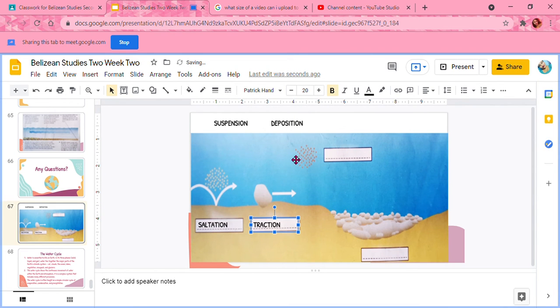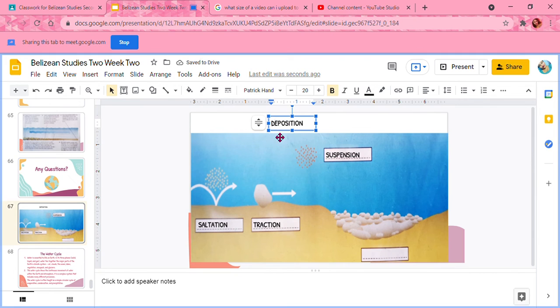Now I have here particles floating. Particles that cannot be dissolved, but they're floating right here in the water. What do we call that? Is it called suspension or deposition? Suspension. Very good. So I'm moving suspension.